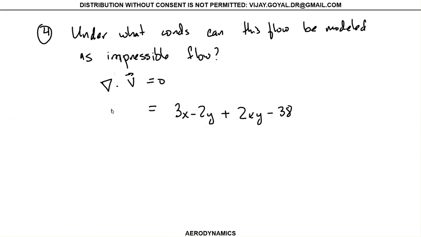So I know that this is equal to this. The only possible way this could be 0 is if I can set this whole thing equal to 0. So if there is a combination of x, y, such that this is 0, then yes, that can be 0.